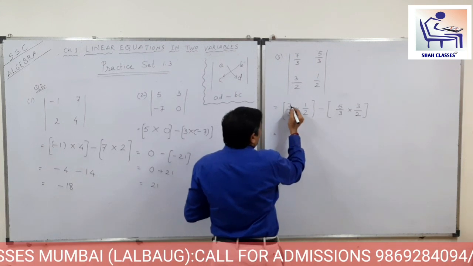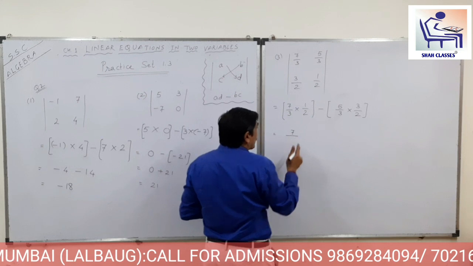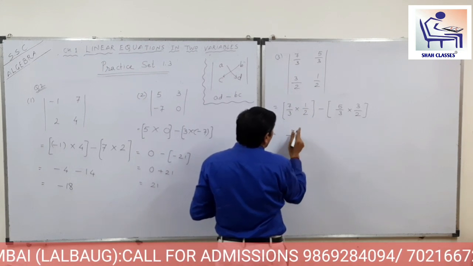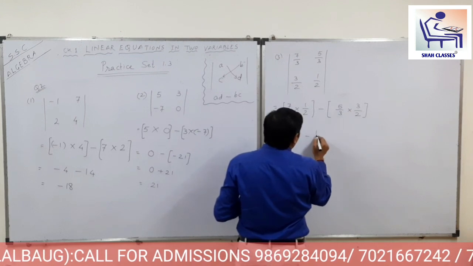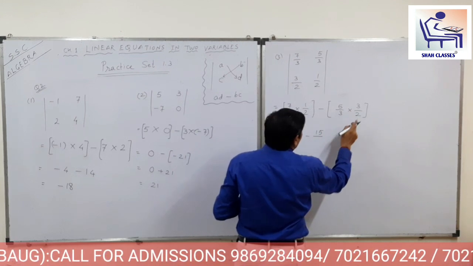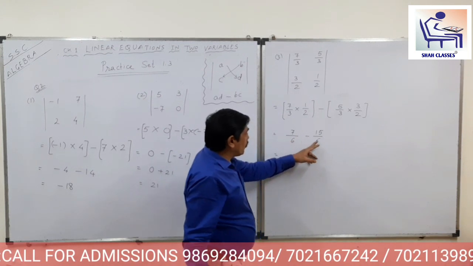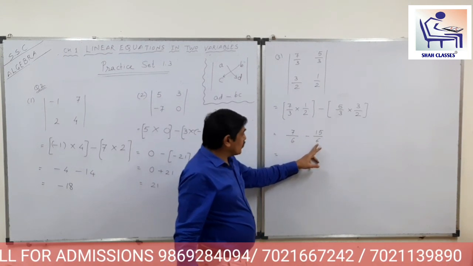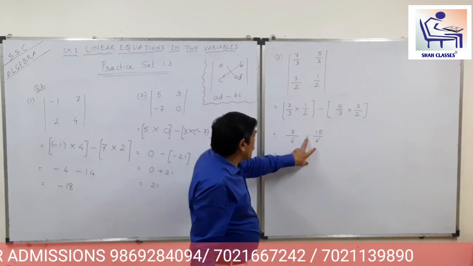So 7 ones are 7. We have to multiply numerator to numerator and denominator to denominator. So 3 twos are 6, 5 threes are 15, and again 3 twos are 6. Here the denominators of both these numbers are the same, so we can operate on the numerators whichever be the sign here.